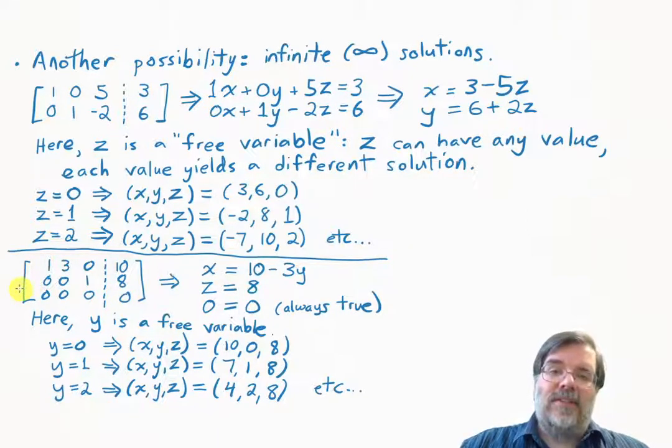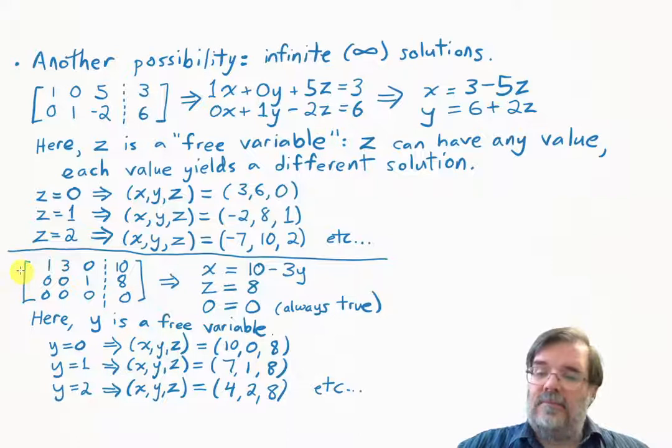Now, it's not always the last variable which would be free. So here's another example of a matrix which is in echelon form. In this case, again, the ones, along with the zeros, make a nice staircase-like pattern. And if you were to rewrite this augmented matrix as a system of equations, you would get x equals 10 minus 3y, just solving for x right away, and z equals 8.